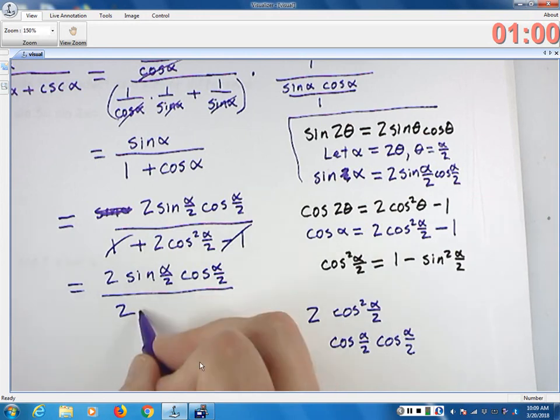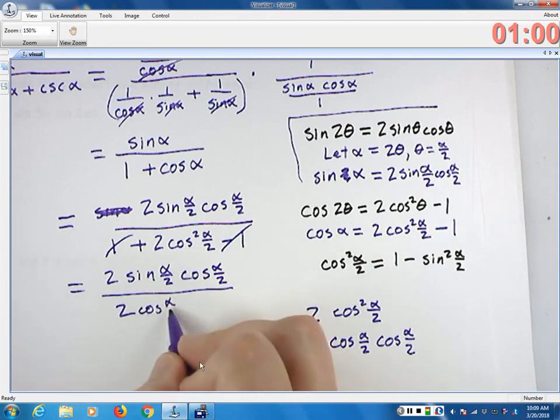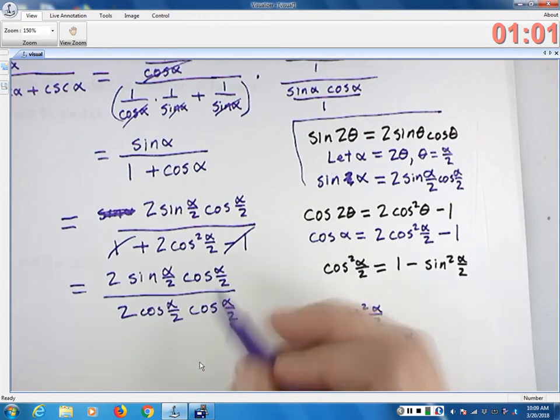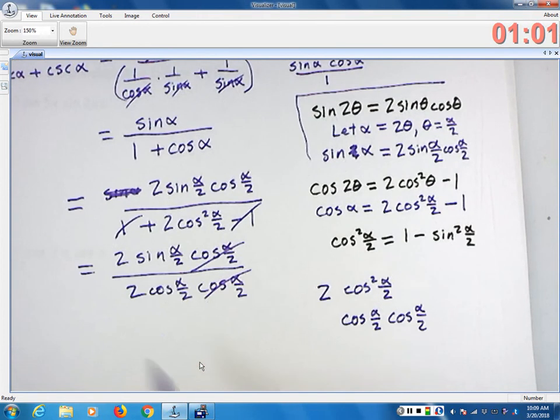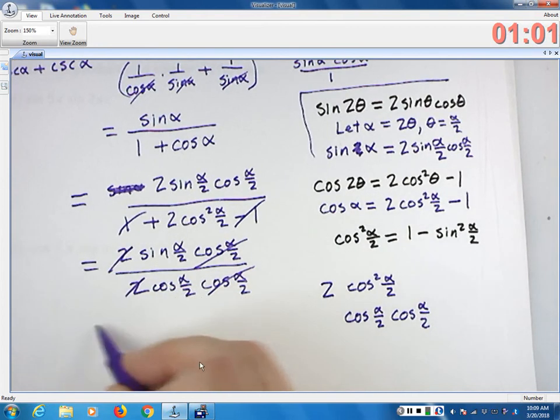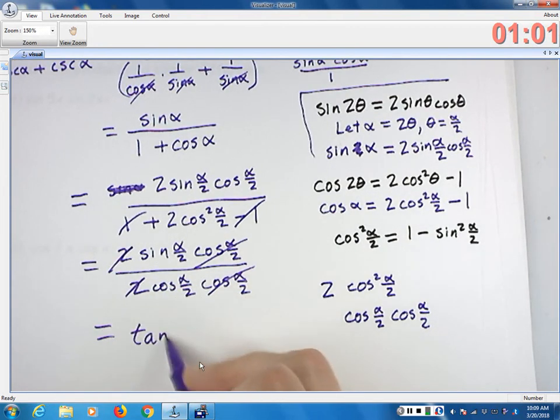Cosine alpha over 2 cosine alpha over 2. And so this is tangent of alpha over 2. The 2's cancel. So we didn't even use the identities up there for the half angle.